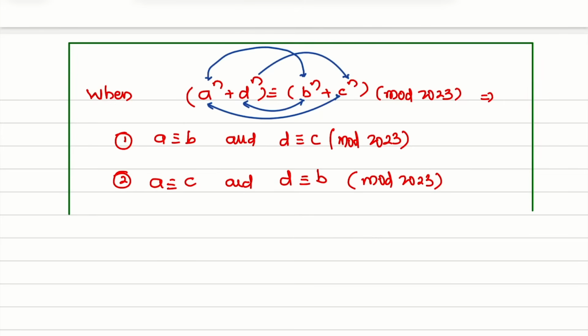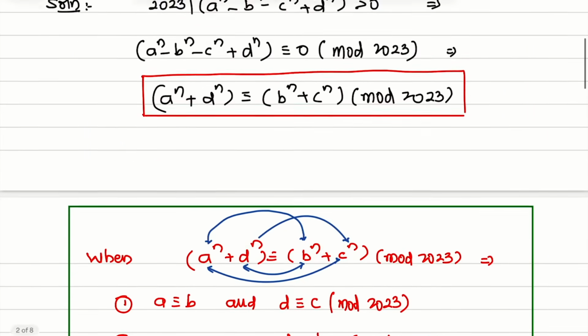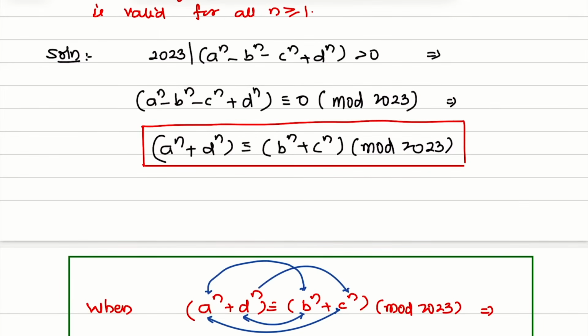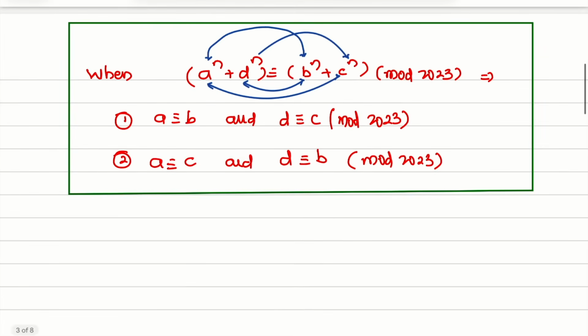The first concept is the sum of the powers: a to the power of n plus d to the power of n equivalent to b to the power of n plus c to the power of n mod 2023, and that particular congruence modulo equation in powers has given rise to two possibilities.